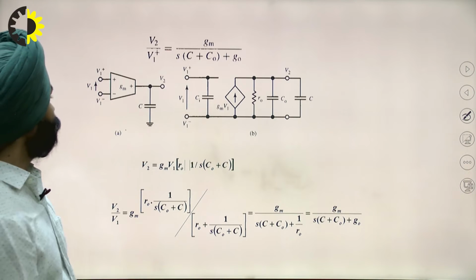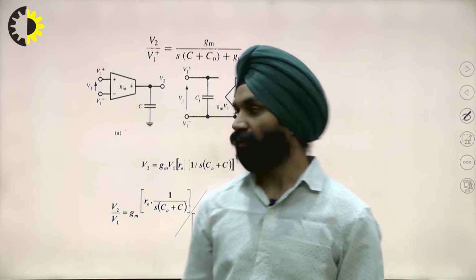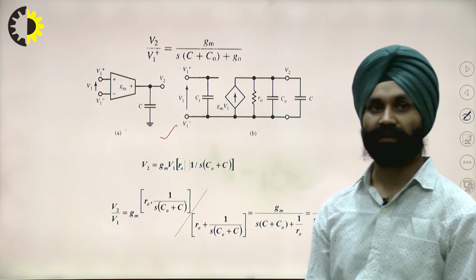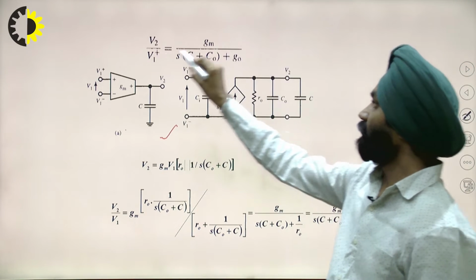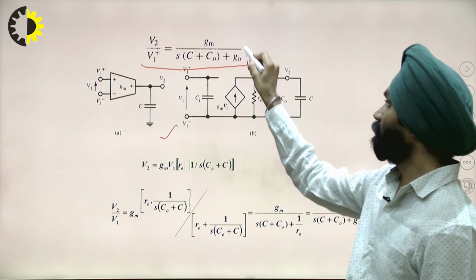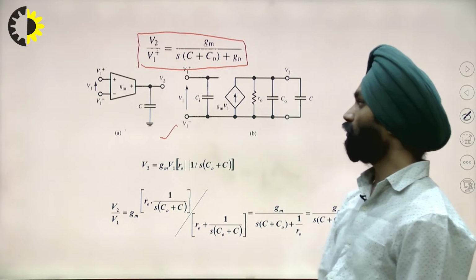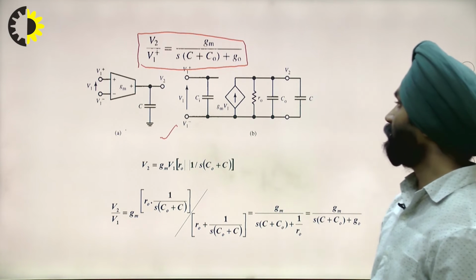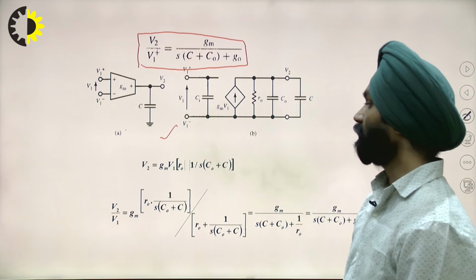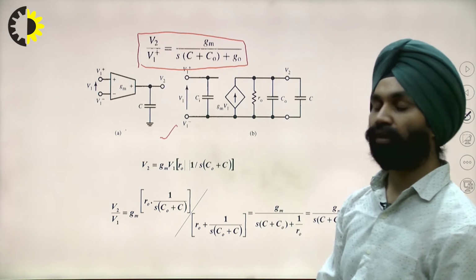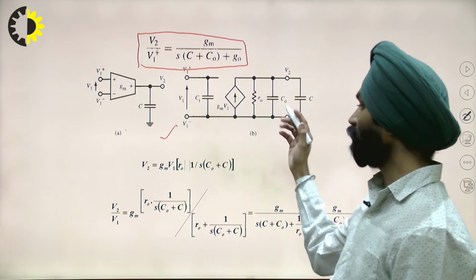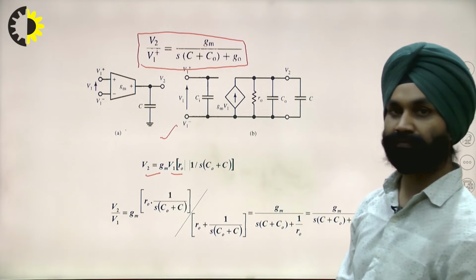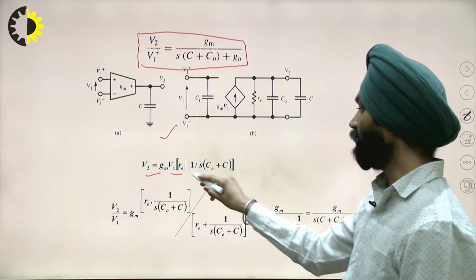So for this OTA-C circuit, the capacitor transconductance circuit that we have designed, we have this equation that we have derived. The output voltage by the input voltage is equal to Gm by S into C plus C0 plus G0. If we calculate from here, the voltage at the output V2 will be Gm into V1 into R0 in parallel with C plus C0.